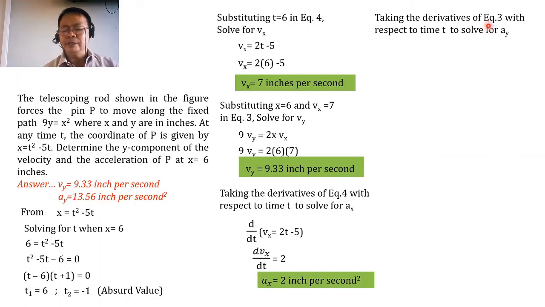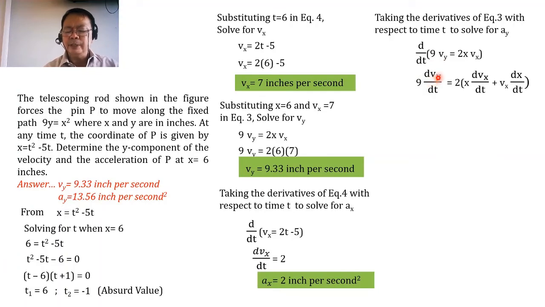Where is this equation number 3? Our equation number 3 is 9 v sub y equal to 2x v sub x. So that when this is differentiated with respect to time t, the left-hand side would be equal to 9 multiplied by dvy over dt, while the right-hand side would be equal to 2 times x multiplied by dvx over dt plus vx multiplied by dx over dt.